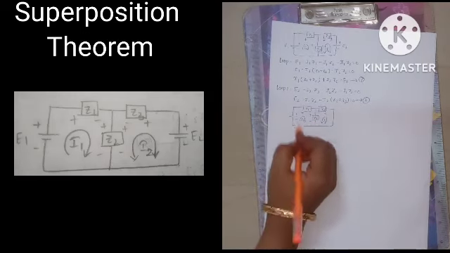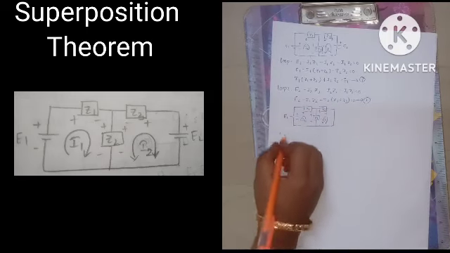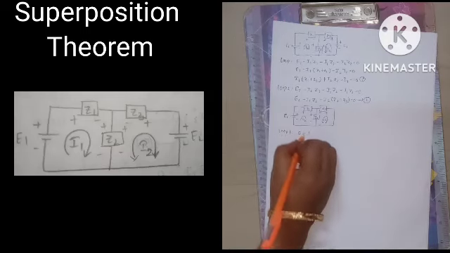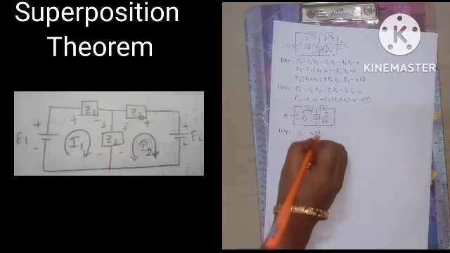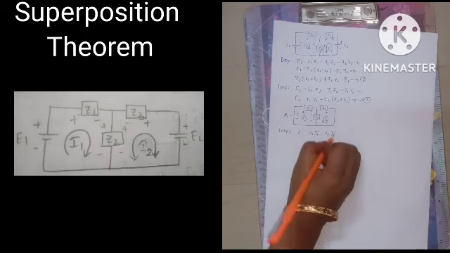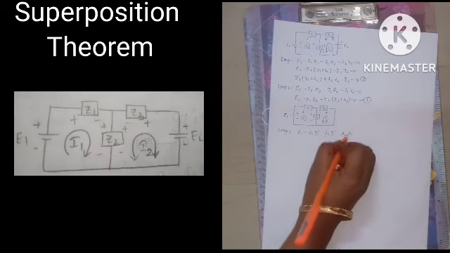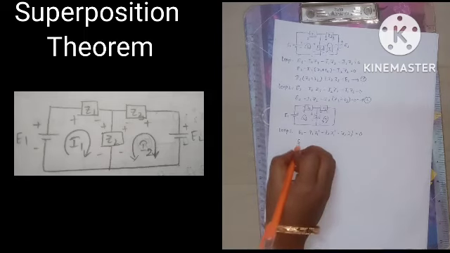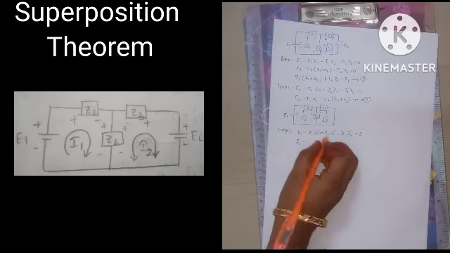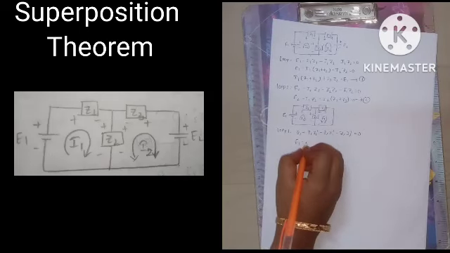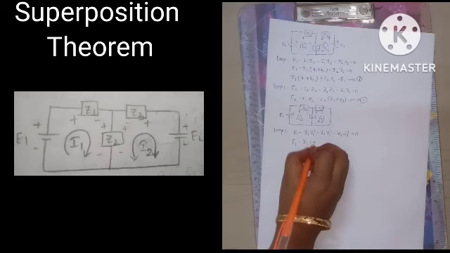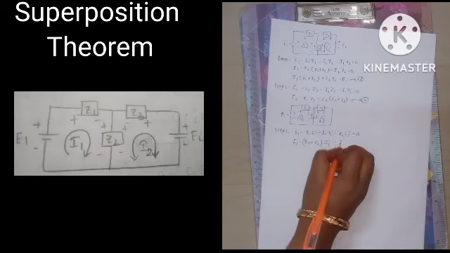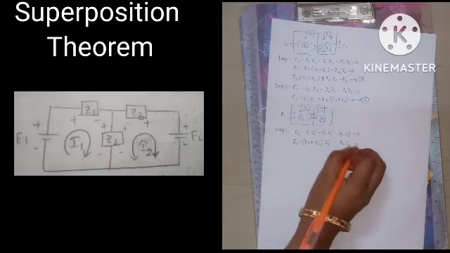Now from loop 1 we get E1 minus Z1 I1 dash minus Z2 I1 dash minus Z2 I2 dash is equal to 0.